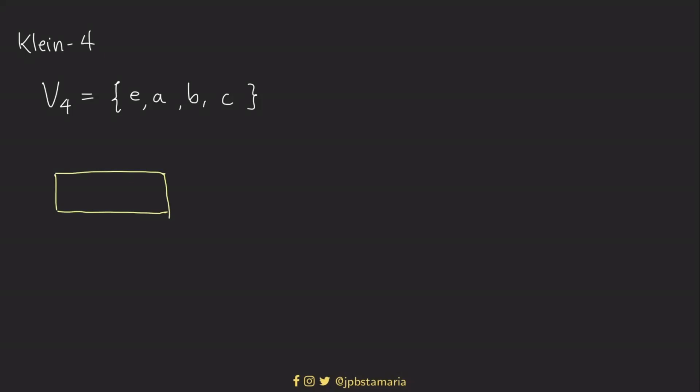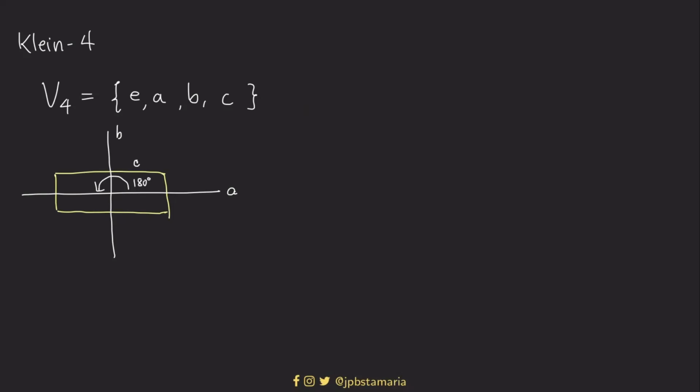Okay? Now, what is E? E is the identity. E does not do anything to the rectangle. Who is A? A is a mirror reflection about the x-axis. B is a mirror reflection about the y-axis. And C is a 180-degree rotation of the rectangle. Those are the four.